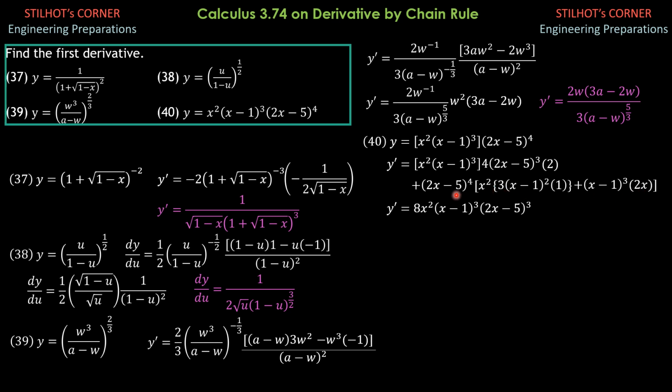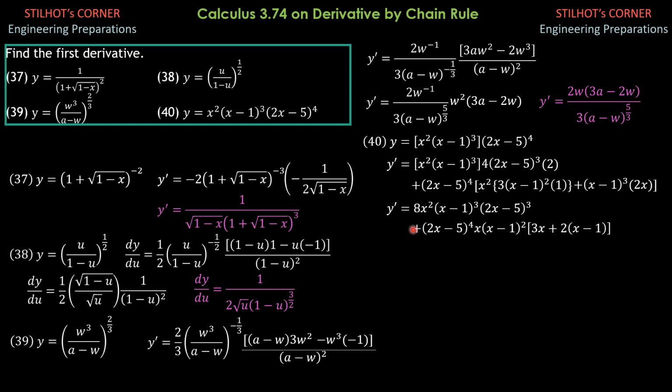So plus 2x minus 5 to the fourth times x, then quantity 3 times x minus 1 squared, then plus 2 times x minus 1 cubed, but x minus 1 squared is also common, so plus 2x minus 5 to the fourth times x minus 1 squared, which is common. Then what is left here is 3x, and on the other part is 2 times quantity x minus 1, after we factor out also x minus 1 squared.